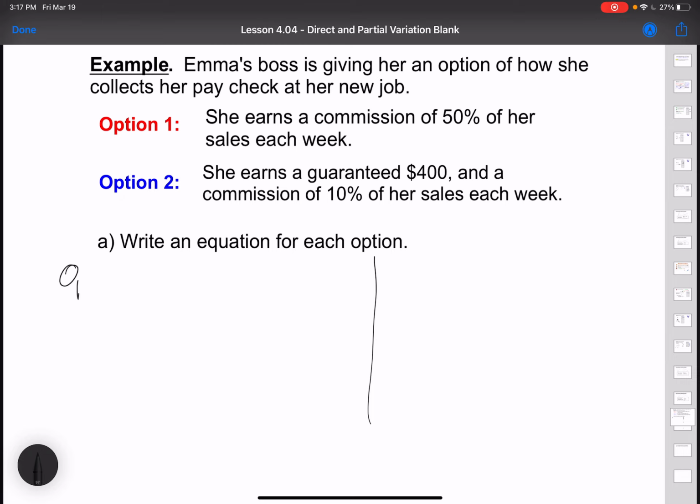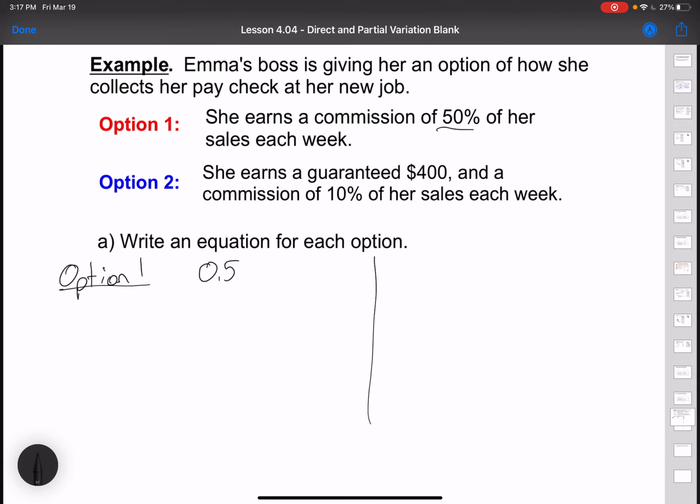So option 1 is what we'll start with. First of all, it says she earns a commission of 50% of her sales each week. So one way of thinking of 50% is 0.5, you're multiplying something by 0.5. And it's not like she has any starting point. So her starting point would be like $0.